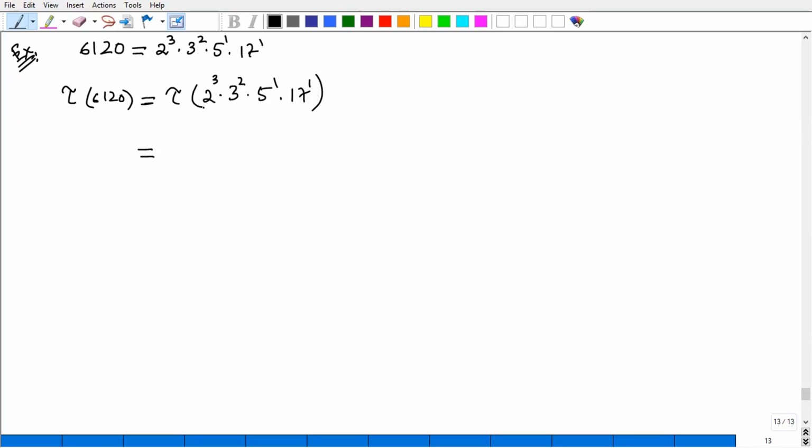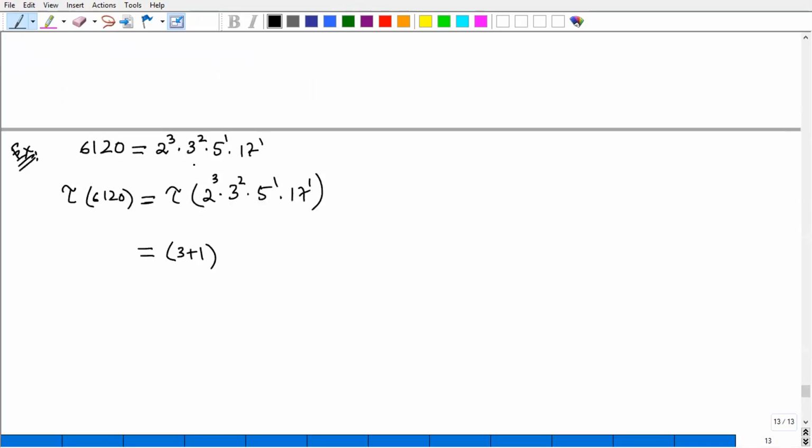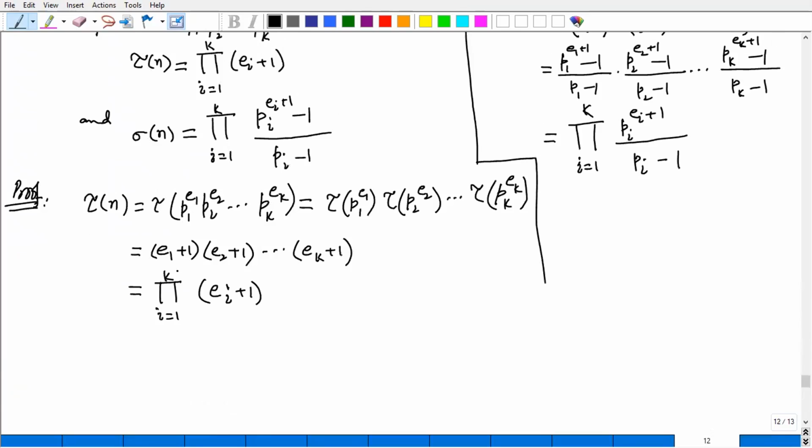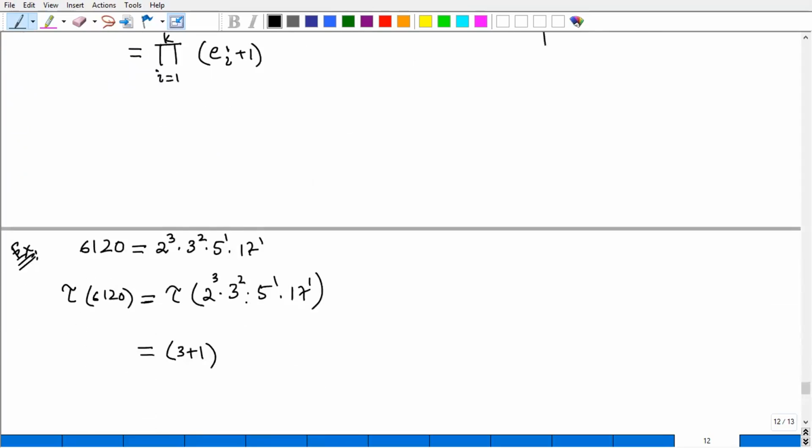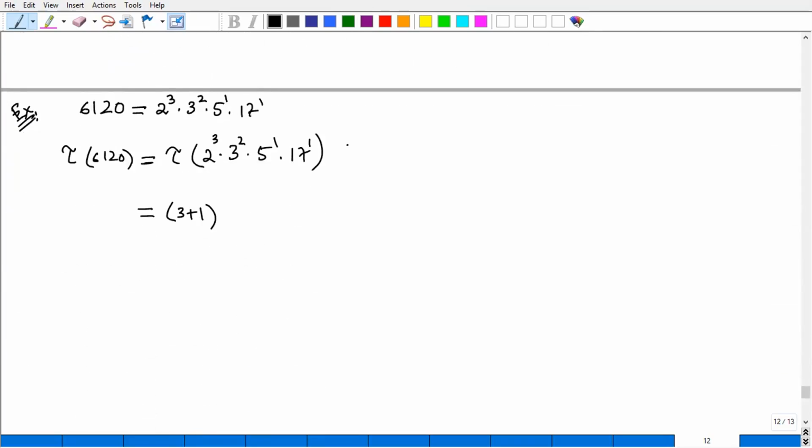For tau, there is no need to use the prime numbers. We just need the powers only. So e1 plus 1 means 3 plus 1, times 2 plus 1, times 1 plus 1, times 1 plus 1.